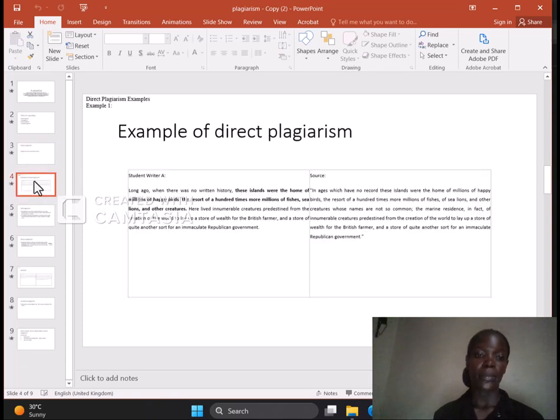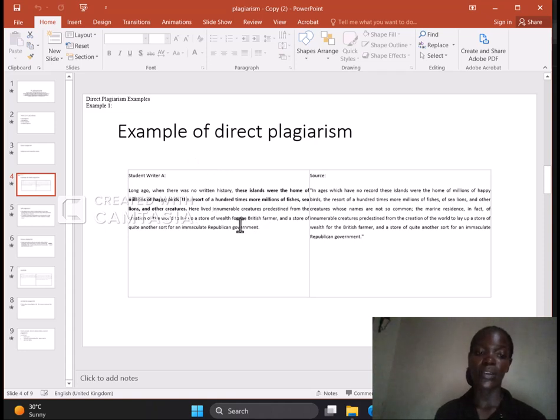And people may be confused and they're like, direct, we need an example. So this is an example of direct plagiarism. As you can see, there was a student A who used information from a given source, but then the student did not specify or did not cite the work.